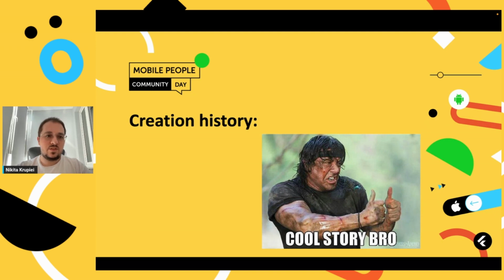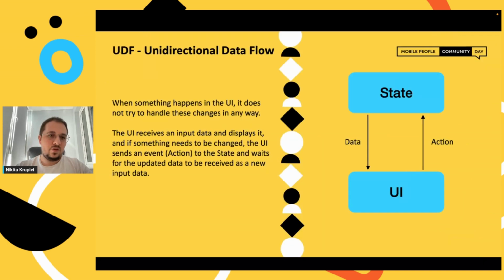And Facebook, with their enormous number of engineers, couldn't do anything other than come up with a new solution, the unidirectional data flow. The main idea is that all the data moves in a circle in one direction. When something happens in the UI, the UI doesn't try to handle it in any way. It updates itself with some input data and displays this data.